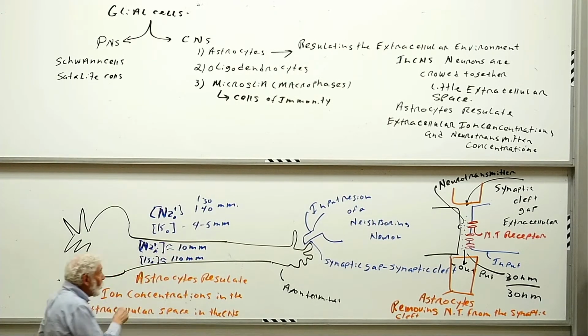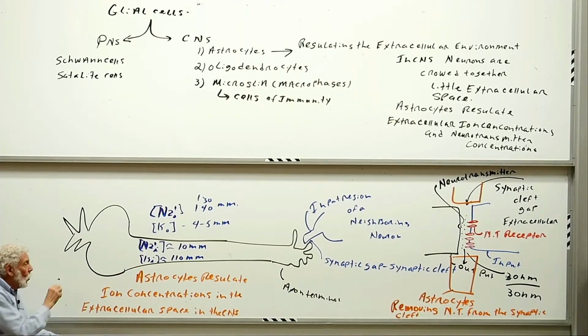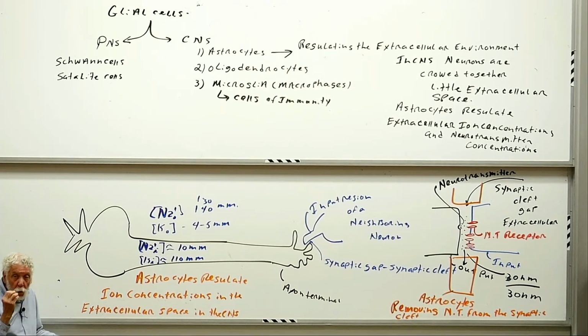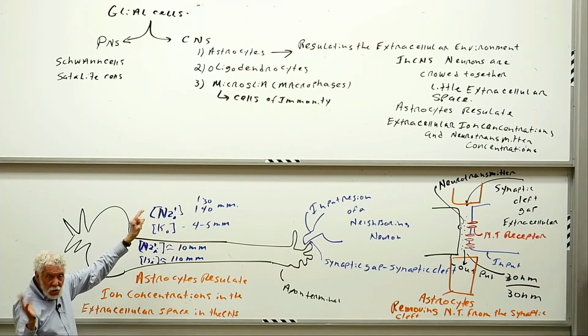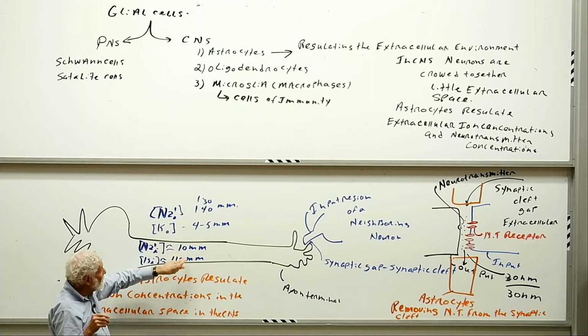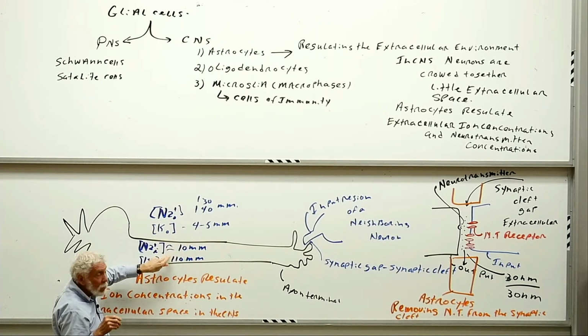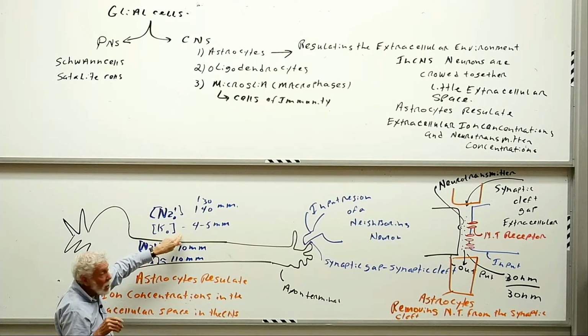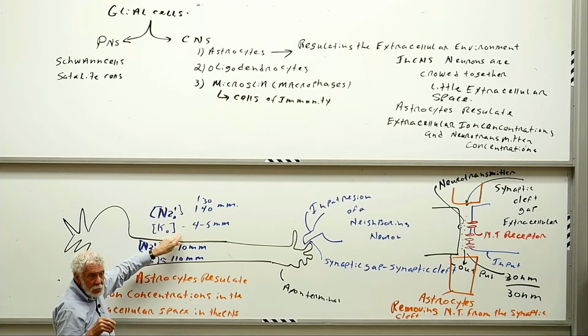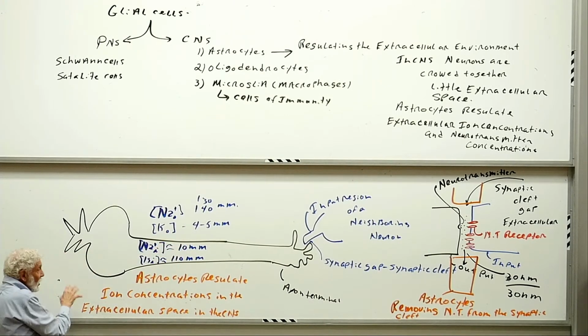So in the brain and spinal cord, one of the functional roles of these astrocytes is to make sure that these ion concentrations are maintained within these boundaries. 130, 140 millimolar outside for sodium, 10 millimolar inside. Potassium concentration is in the neighborhood of 110 inside, but 4 to 5 millimolar outside. So that's their role.